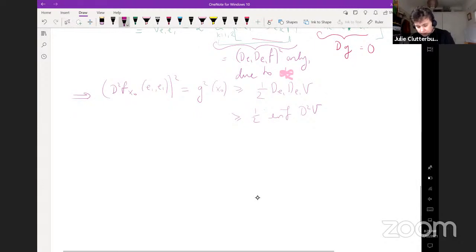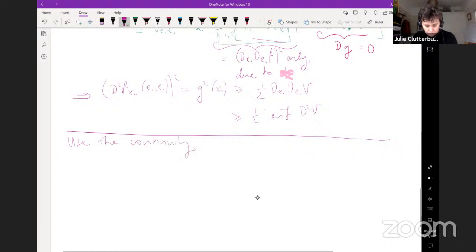The final step is to use a continuity method to find a counterexample or contradiction.